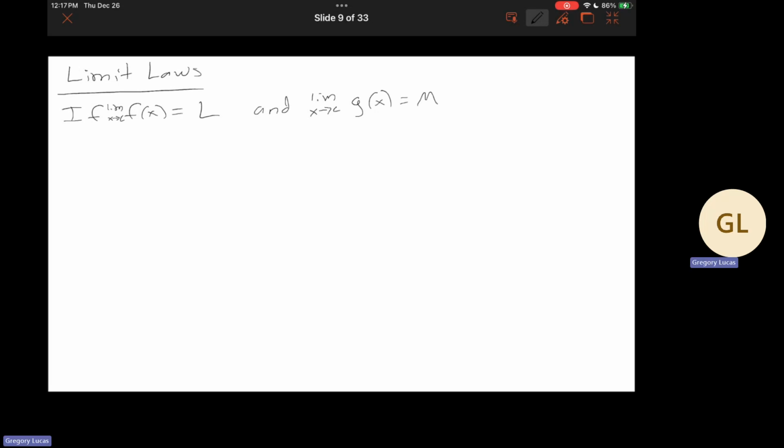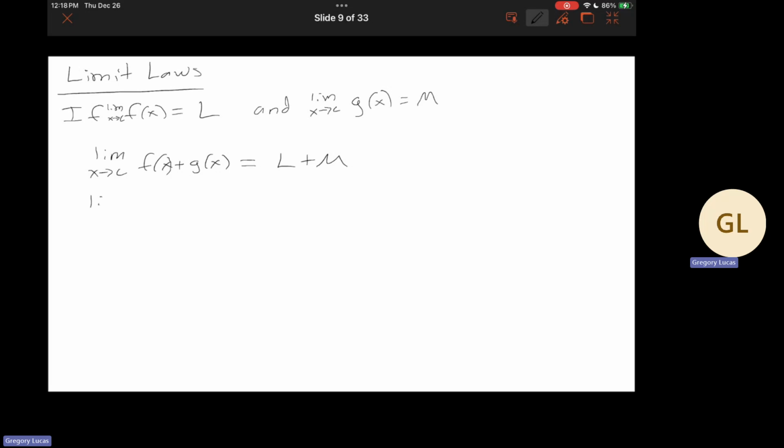Then, if we take the limit as x goes to c of f of x plus g of x, this is the same thing as L plus m. So if we add 2 functions together, the value is just the value of adding the limit values together. So we can add L and m.